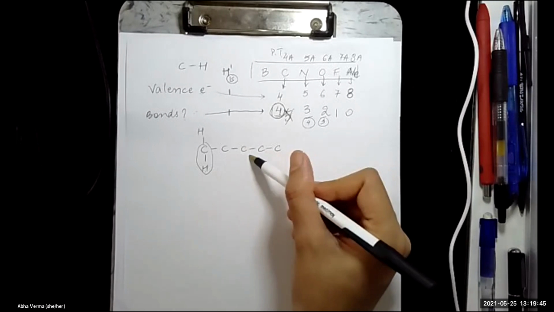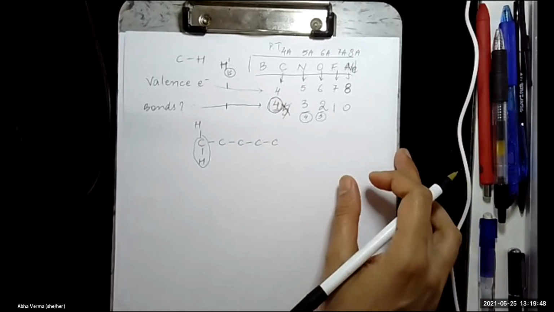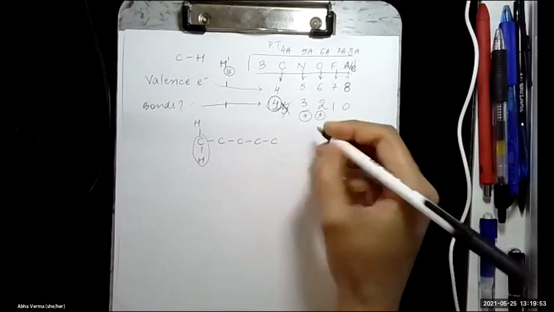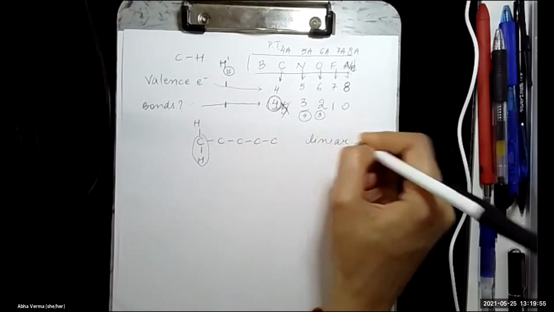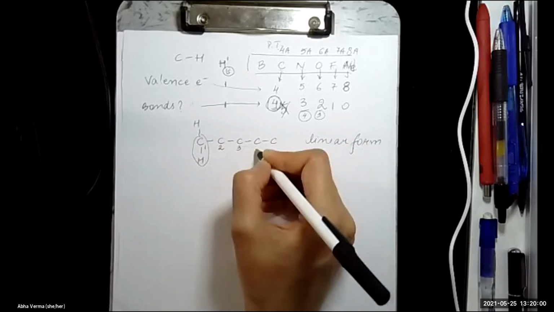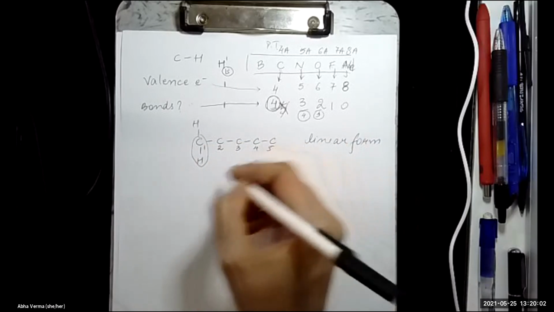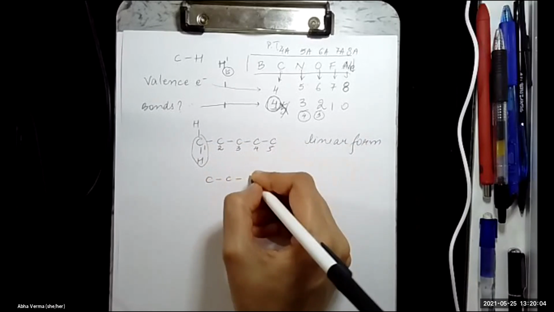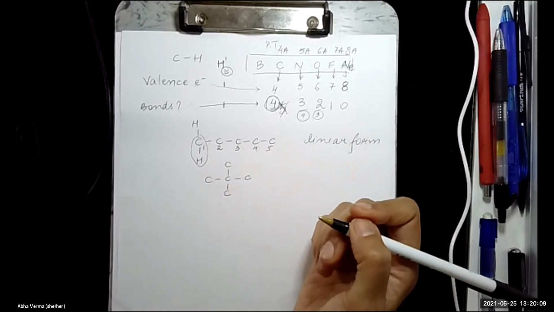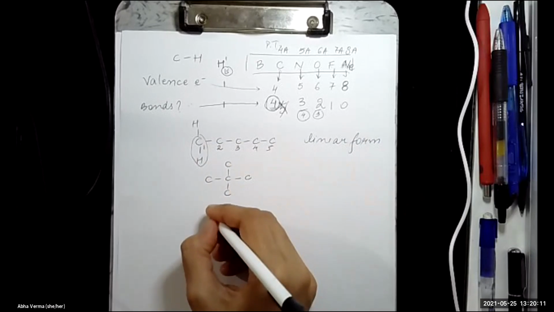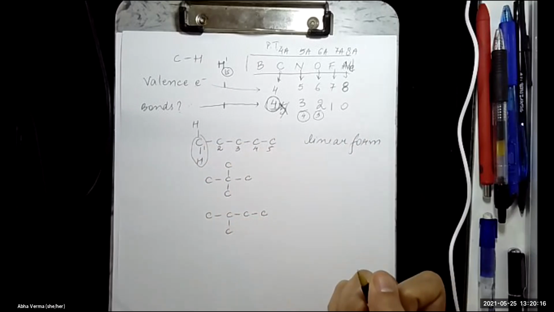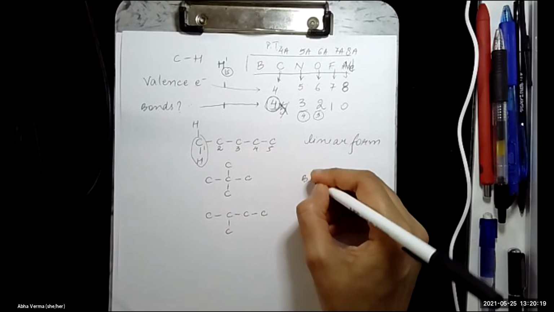Now, these carbon chains can be organized in different manners. What I have shown you is known as a linear form. Let's count how many carbons I made. I have 5 carbons. I can arrange these 5 carbons in this manner also. I can arrange my 5 carbons in this manner also.